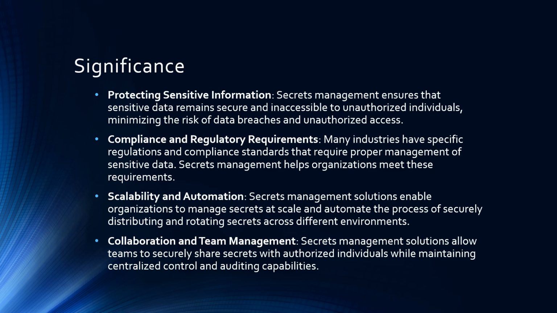A robust secrets management system provides the necessary controls and audit capabilities to manage these access levels effectively. These aspects work together to create a comprehensive security posture for your organization. As we progress through this module, we'll explore practical implementations that address each of these significant areas.